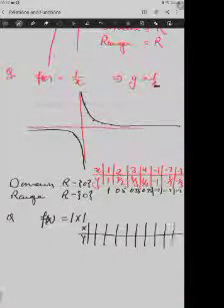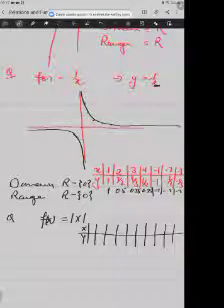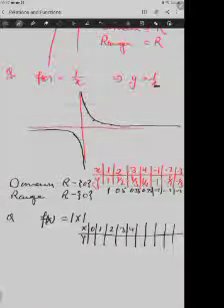Absolute value curve means it will make everything positive, whether it is negative or positive, like 0, 1, 2, 3, 4, 5, minus 1, minus 2, minus 3, minus 4, and so on.